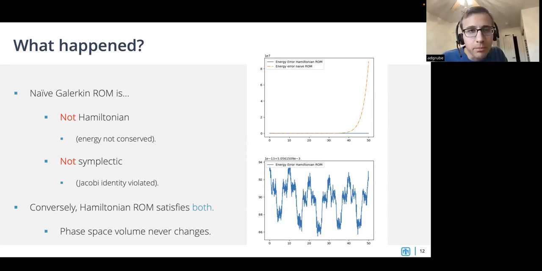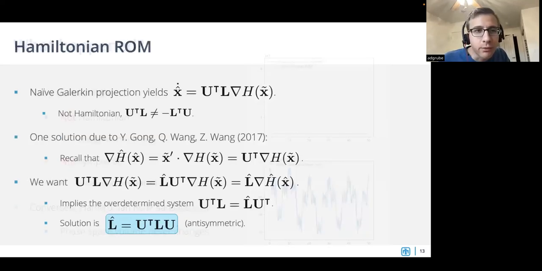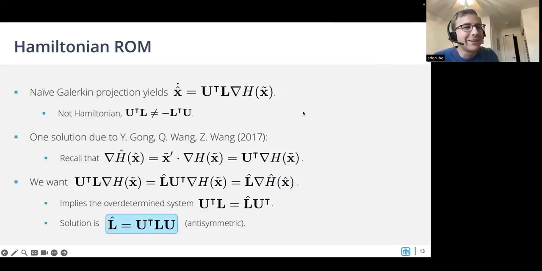I'm going to briefly review that and then also tell you what's new, because not everything has been solved. So in the most generic case, the naive Galerkin projection that you carry out in POD looks like this.